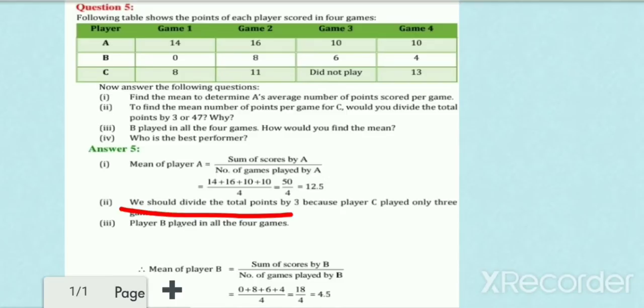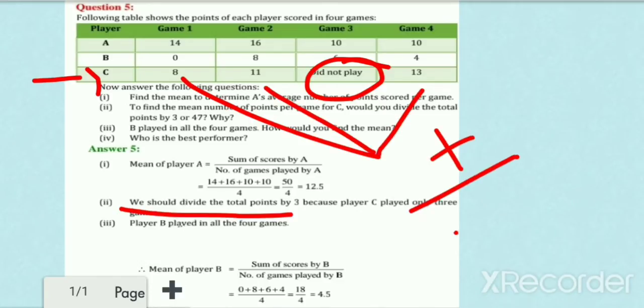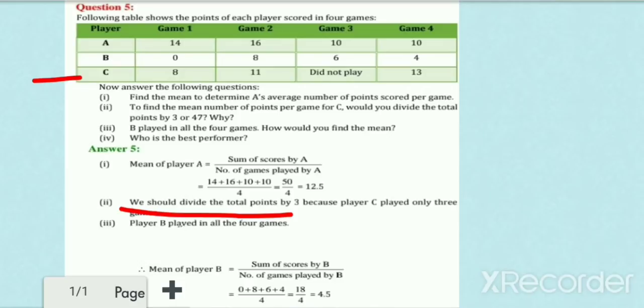In this for C, the game that is 3 was not played, it was never played. It means how many innings happened: 1, 2, 3. So sum of 3 numbers upon total numbers. Okay. So the question is: would you divide the total points by 3? Yes, because it is played by 3 players.